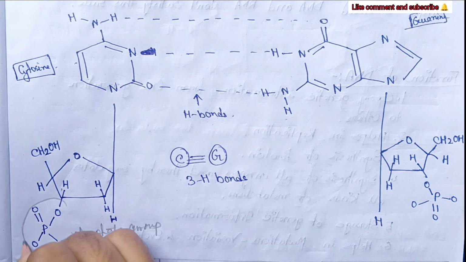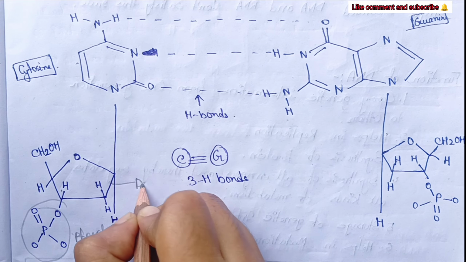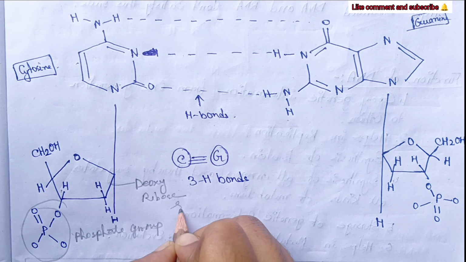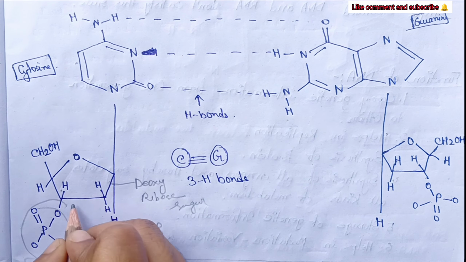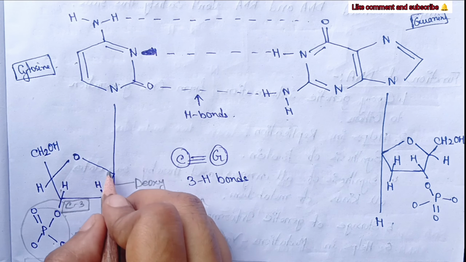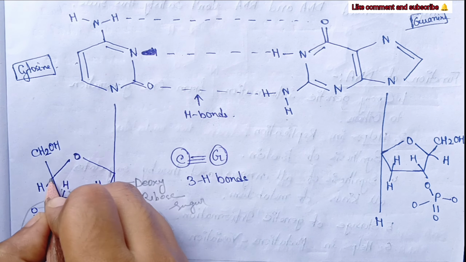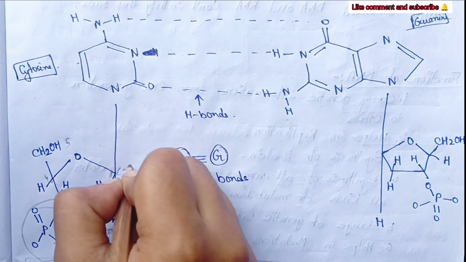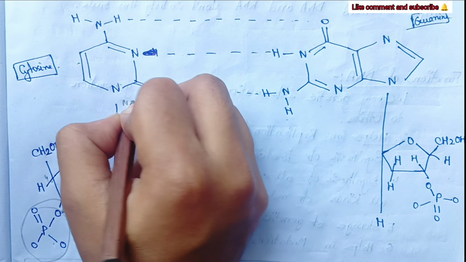This is the phosphate group. This is the deoxyribose sugar molecule, and at C3 the phosphate group is bound to the sugar molecule, 1 2 3 4 and 5, and at C1 there is an N1.